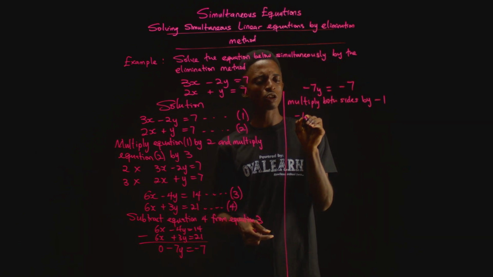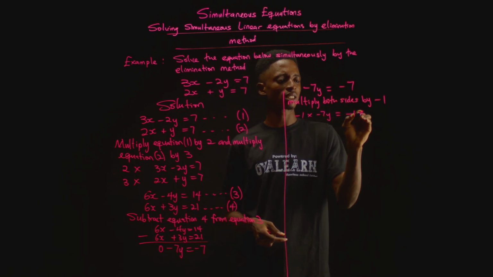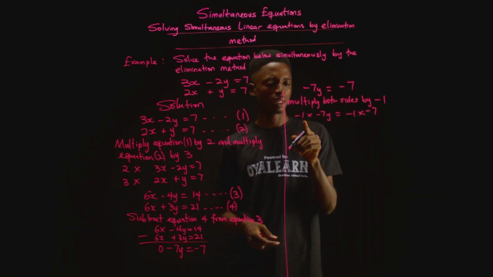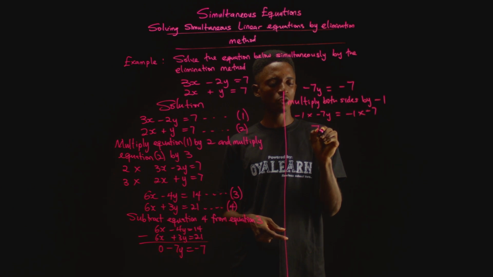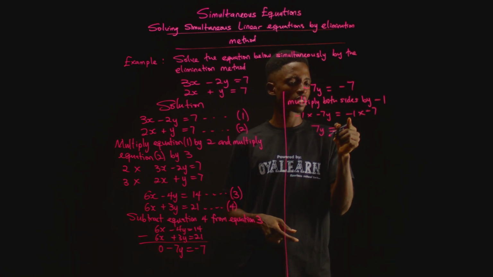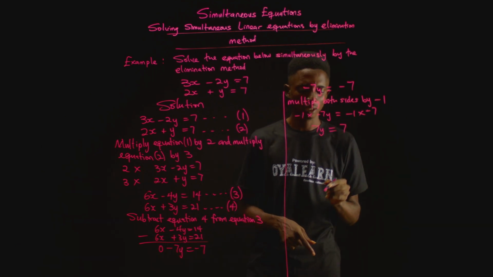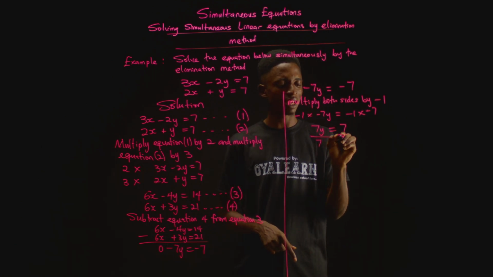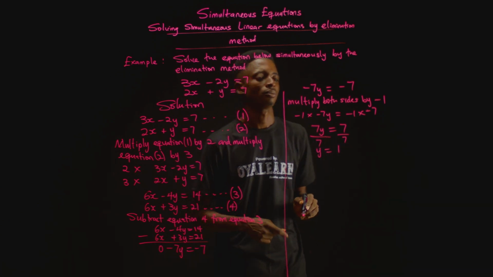So we have minus 1 times minus 7y equals minus 1 times minus 7. And here we will see that minus times minus becomes plus, and 1 times 7 will give us 7y equals minus 1 multiplied by minus 7 gives us 7. Now divide both sides by 7, and then our y equals 1.